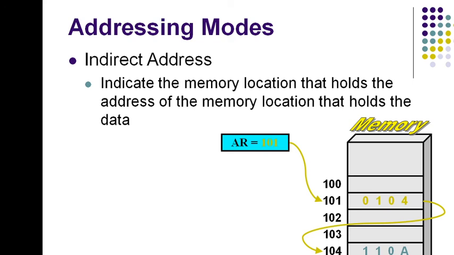I will go to location 101 and find another address, 0104, which is 104. So I go to 104 and find some value. This value is the address, so it gives the address of some memory location that is containing the address of the operand.